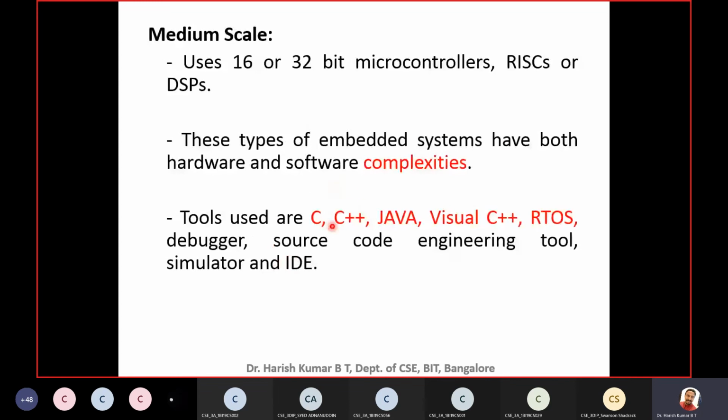Here we started using embedded C, C++, Java, Visual C++, and an RTOS operating system. Simulators were also used through the IDE, so we don't have to use a separate simulator, because the Keil IDE which we were using is also a simulator.